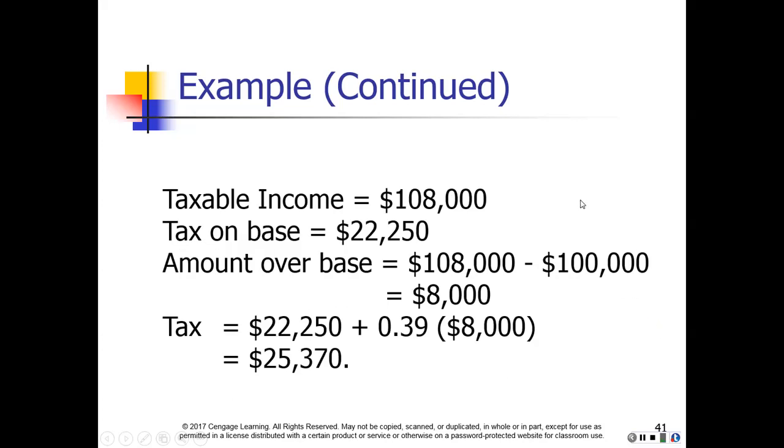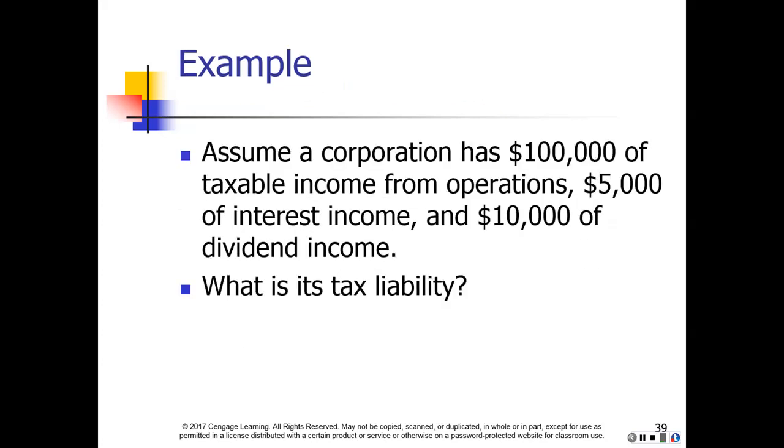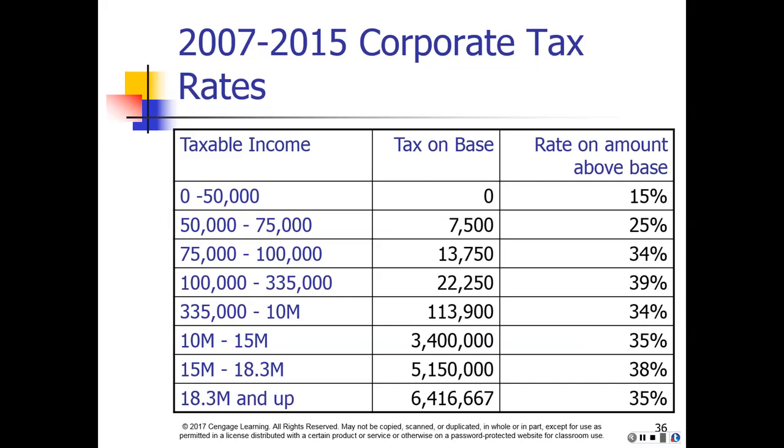Now, so how much will the taxes be? Well, we're looking at 108,000, right? So if we go back and look at the tax schedule, it says for the first 50,000, it's going to be 15%. The next 25,000, 25%, right? So 15% of 50,000 is 7,500. 25% of 25,000, right? How much is that? It's 6,250.